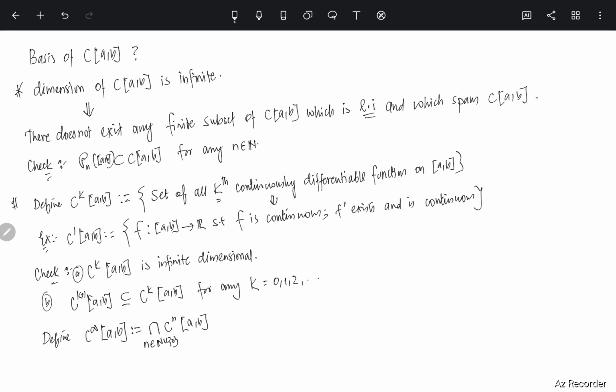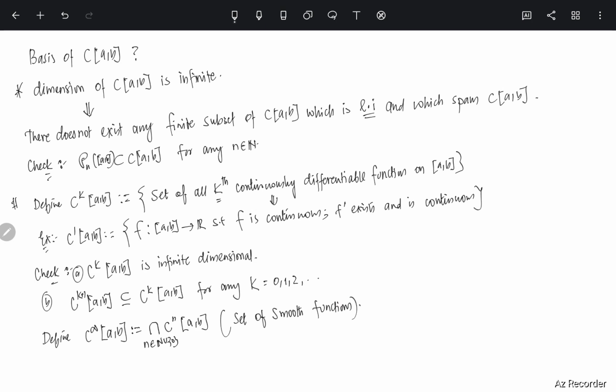So you take all the C^k's and take the intersection, and that will give you C infinity. We will call this the set of smooth functions.